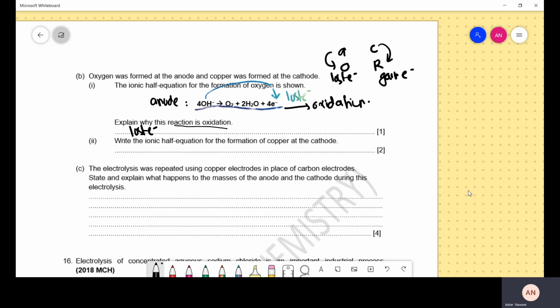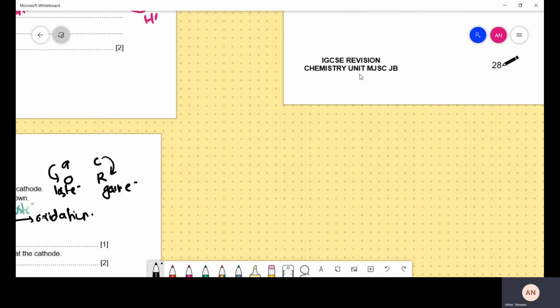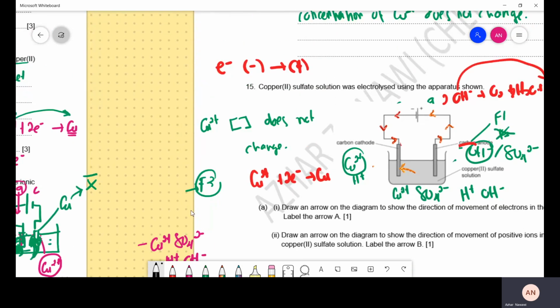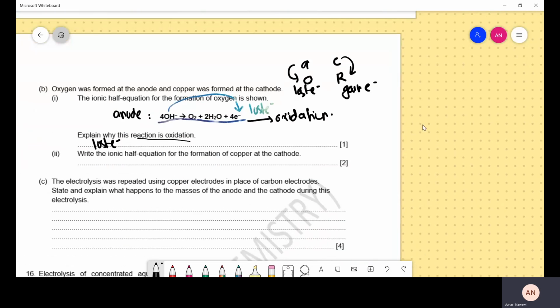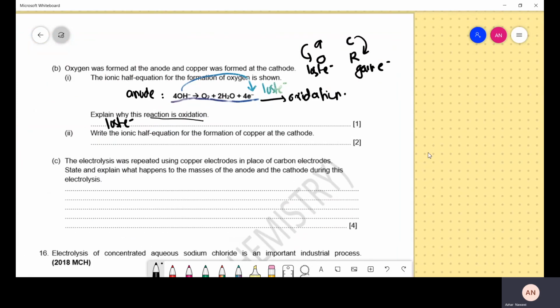Write the ionic half equation for the formation of copper at the cathode. We already discussed this: this is the cathode, you choose Cu2+, and we did the half equation just now. You can try to redo it. Next, the electrolysis was repeated using copper electrodes. No diagram means you need to draw it.